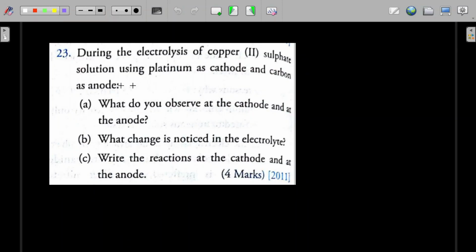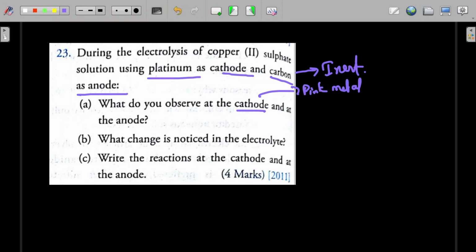During the electrolysis of copper sulfate solution using platinum as cathode and carbon as anode. So again, carbon is nothing but graphite. Graphite is also inert. So whenever inert, this is case number one. What do you observe at the cathode? Pink metal deposited. This is the same. In both the cases, pink metal deposited. But at the anode, do not write diminishes in mass and size. Okay.